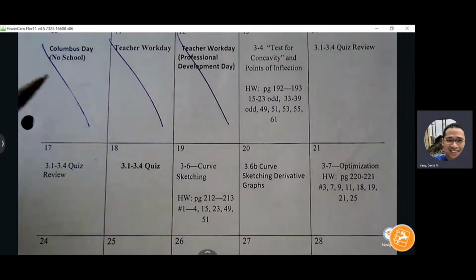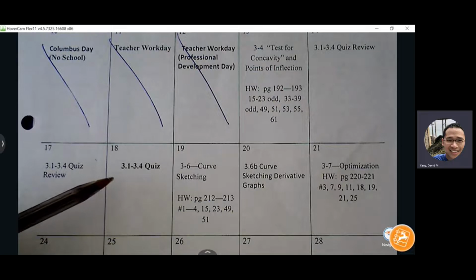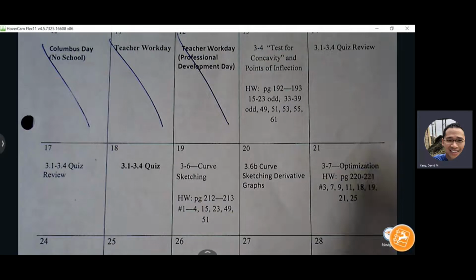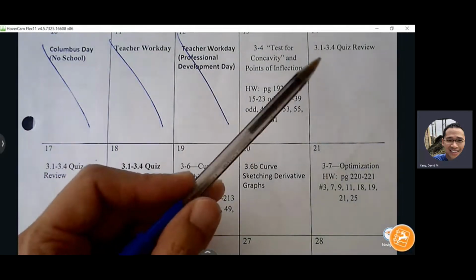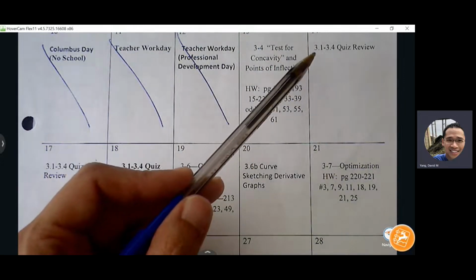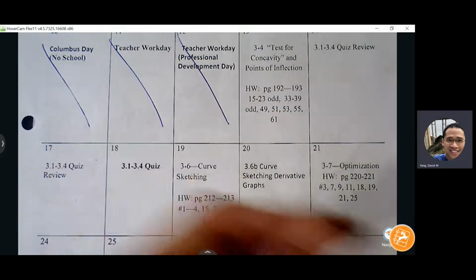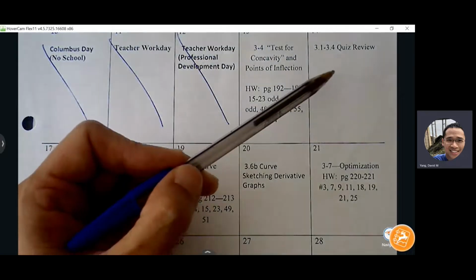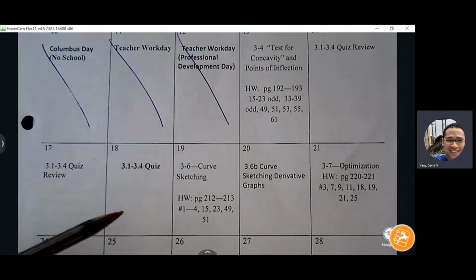I'll be holding help sessions Monday and Tuesday, going over the parts of the review that I don't have time to go over in class. But when I give you the review packet, it will have all the solutions on it. So I encourage you to begin working through that review packet in preparation for Tuesday's quiz.